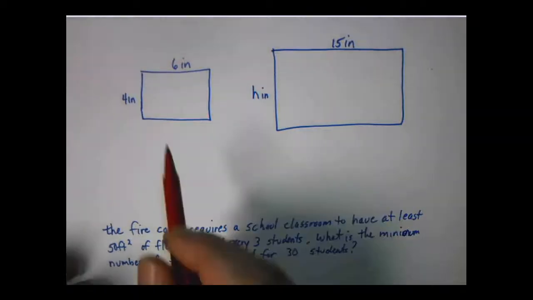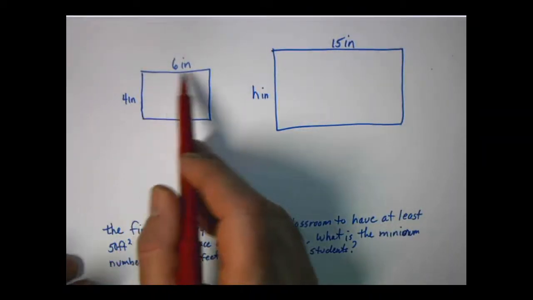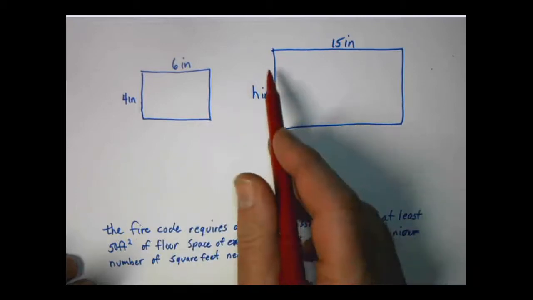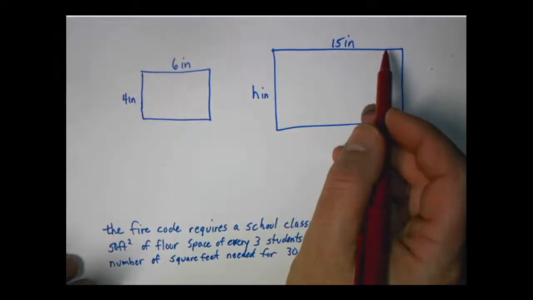So they're giving us the information. We have 4 inches high, 6 inches wide, H as the variable for the height, and 15 inches wide.